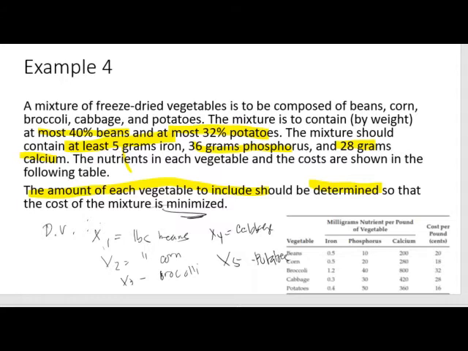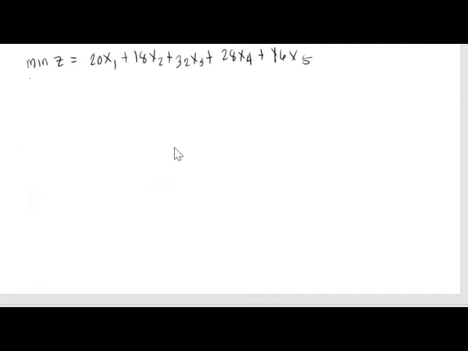Medyo na-bother ako dun sa percentage ng beans. The mixture is to contain at most 40% of beans, and at most 32% of potato. Therefore, lagay natin yung constraint na yon.